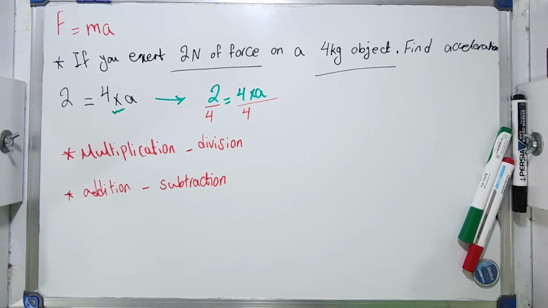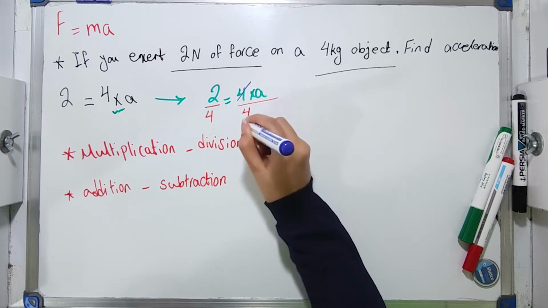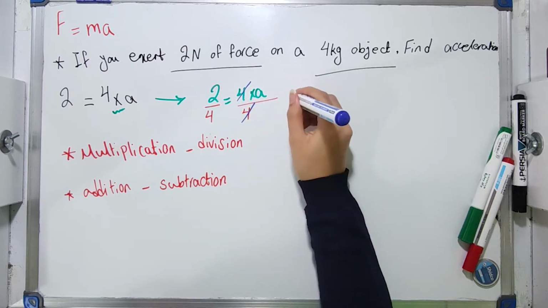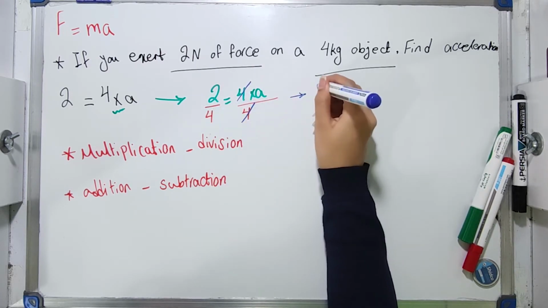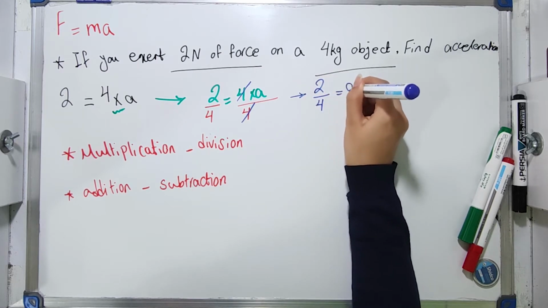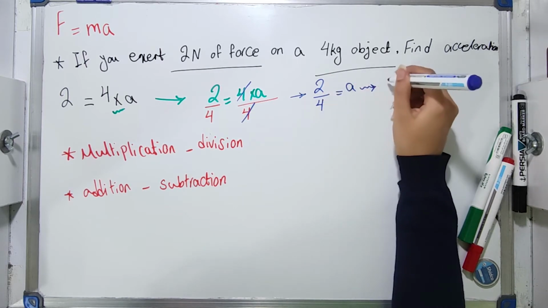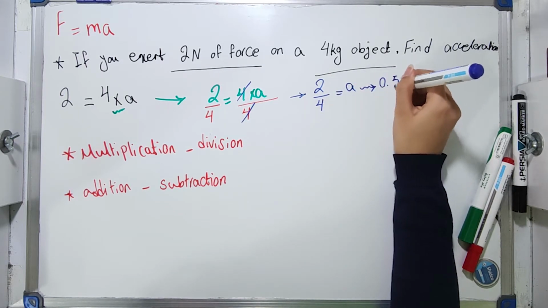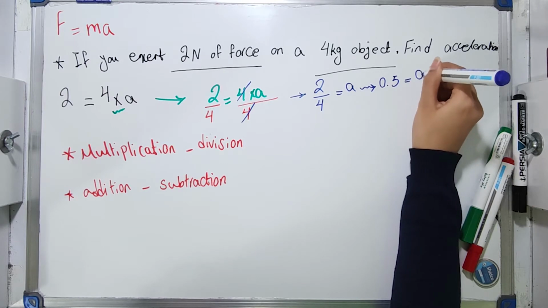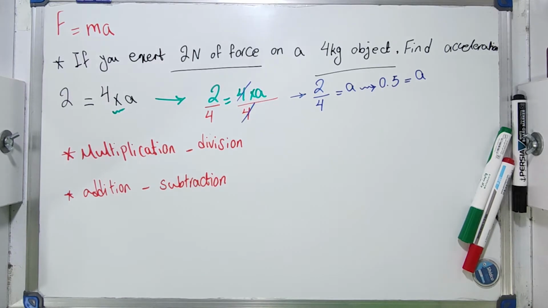Due to this division, these two numbers cancel each other, and on this side I have 2 over 4 equal to A, or actually 2 over 4 is 0.5 equal to acceleration. Let me just give you another example.